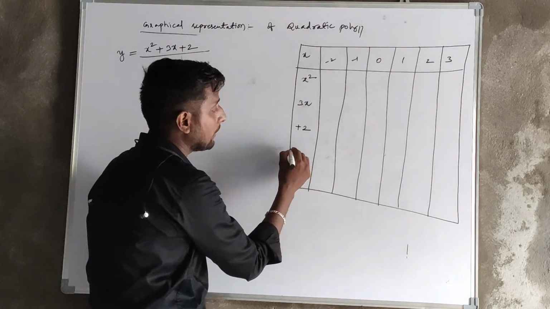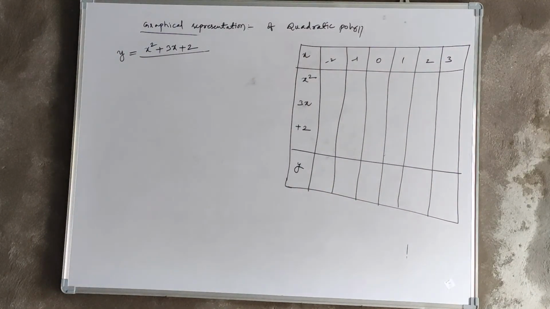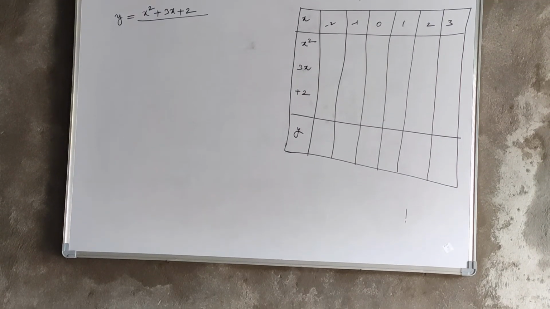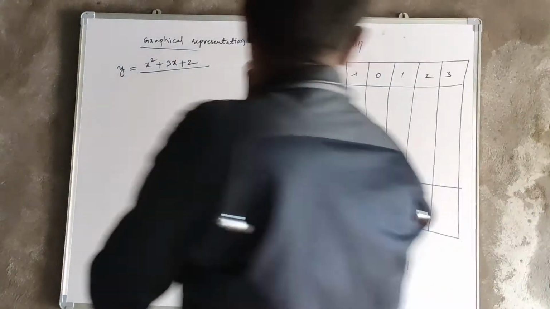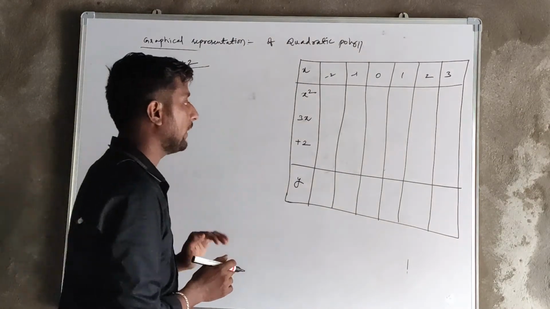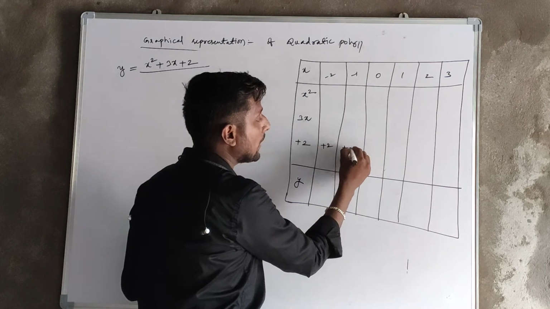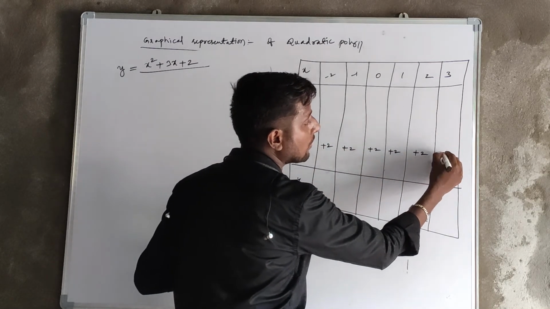So here I'll write y. Here is equals to, I have written y. Plus 2 is a constant value. Okay. Plus 2, plus 2, plus 2, plus 2, plus 2, plus 2.